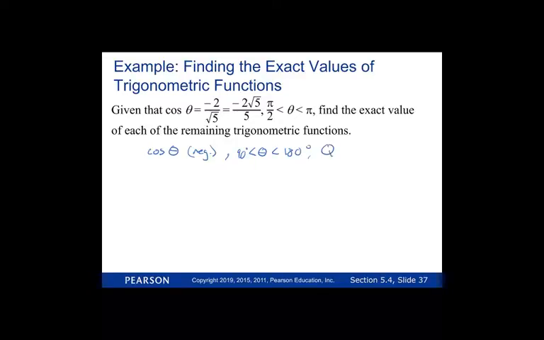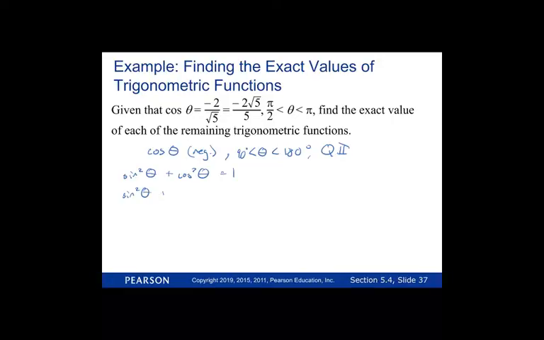Okay? Find the exact values of the remaining trig functions. Since they gave us an expression for cosine, I'm going to use the Pythagorean Theorem. We're going to use sine squared theta plus cosine squared theta should equal 1. Let me think about this. I think this is okay. Let's keep going and see where it goes. So we want to find sine. So sine squared.